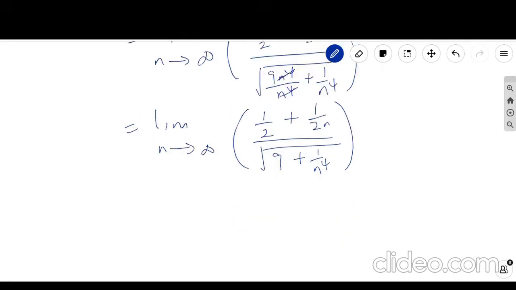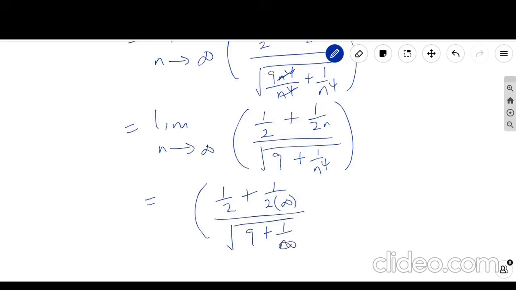From here we can substitute. We have 1 over 2 plus 1 over 2 into infinity, which would be 0, over the square root of 9 plus 1 over infinity raised to power 4, which will also be 0.